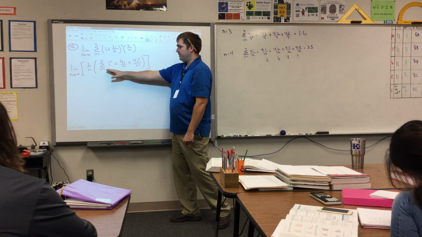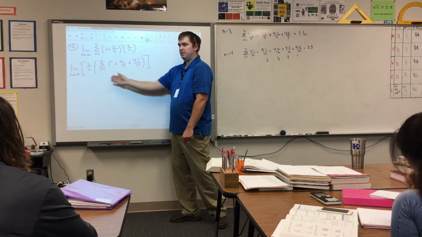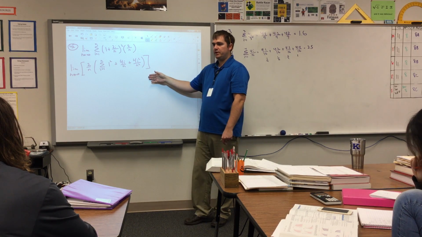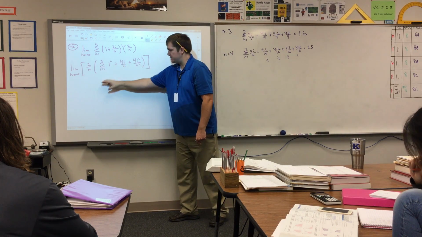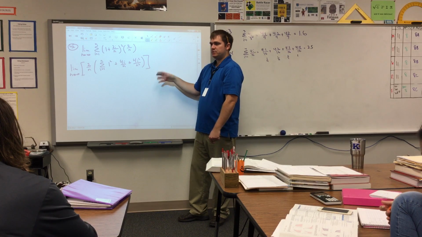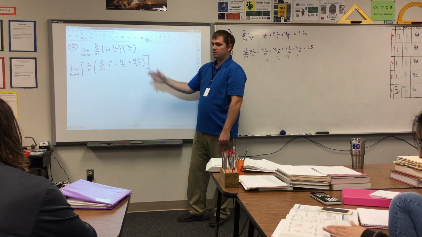Then what we can do, now we can actually split this up, and if we're really good, in the process of splitting this up into 3 summations, we will also pull out what we don't need.